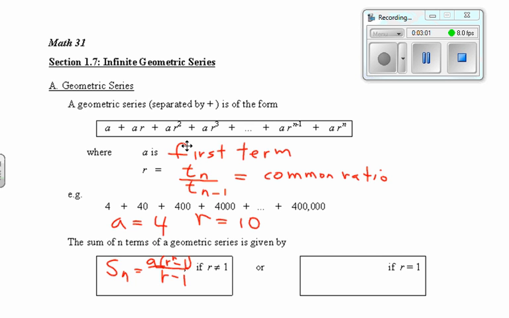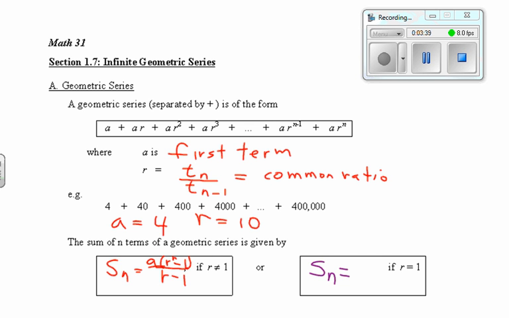Okay. All right, so this will add up all the terms right up to the nth term. So the sum from term 1 to Tn right there.